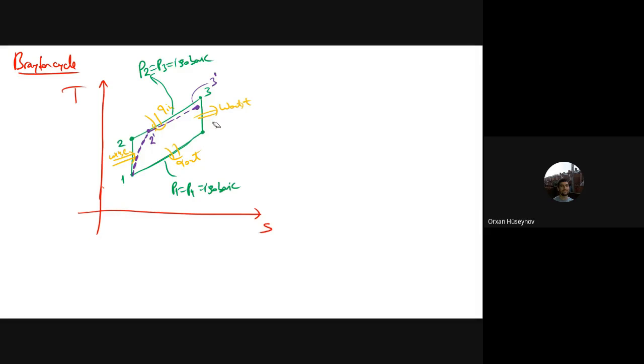I will have to change the place of the 4 again. I will add that 4 here, not the lower part of it. So 4 should be there. And for the real one, from 3 prime to 4, you will have this entropy increase. Okay, and this one will be 4 prime, and then from 4 prime back to 1, you will go back to a similar process, but here again you will have this pressure increase.